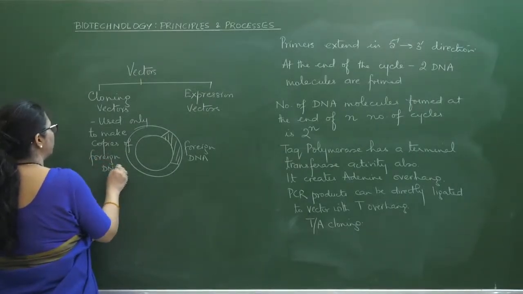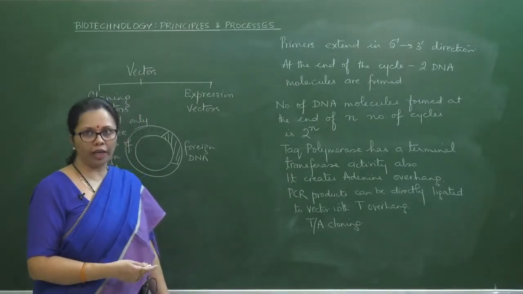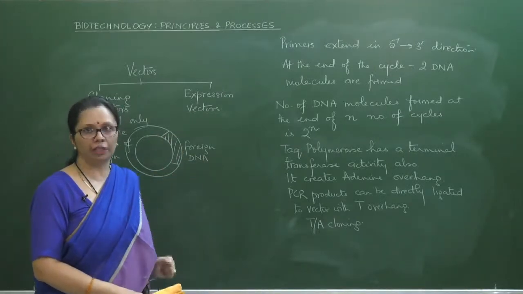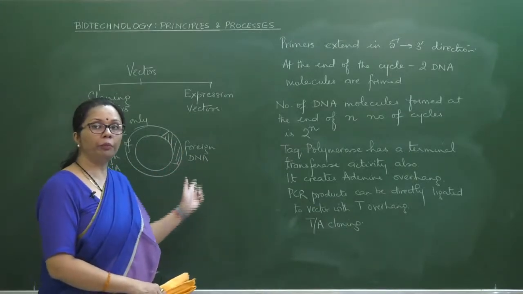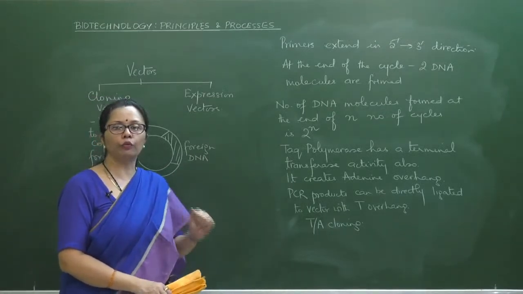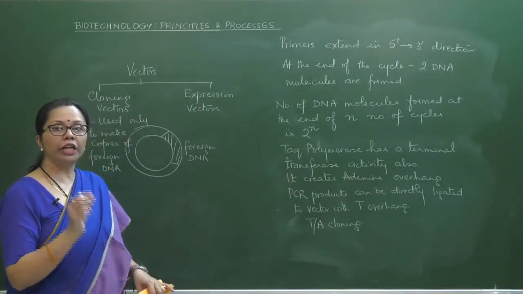Okay, that is there. But in the industry, when we talk about humulin again, there we require that this foreign DNA should express itself also. That means it should be making RNA, and that RNA will then translate to form the protein. So when expression is required, we need to do something extra.